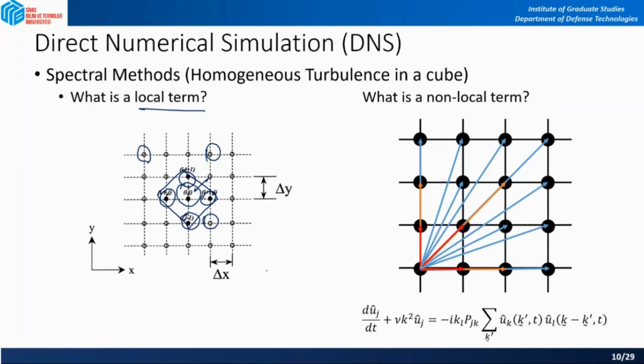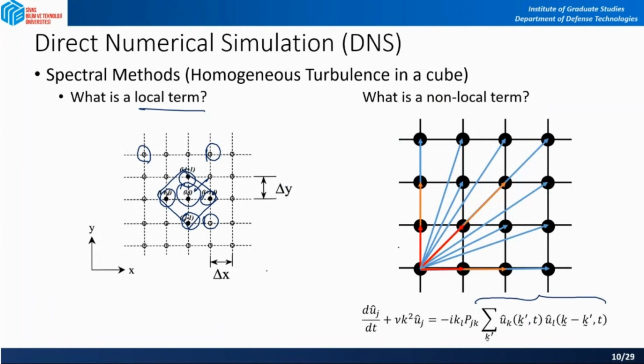But calculating the summation that I just represented to you in this previous slide is non-local. You have to multiply all possible Fourier modes relevant to each point.